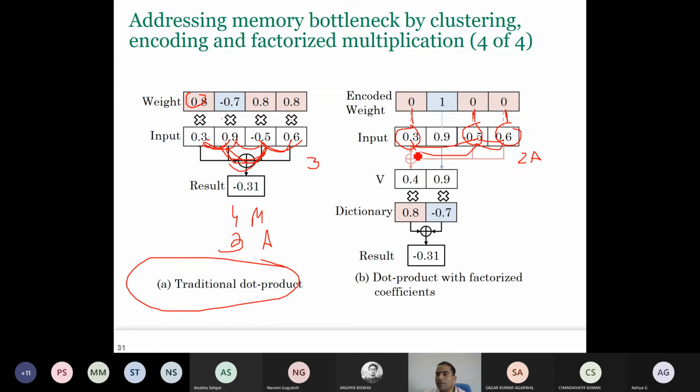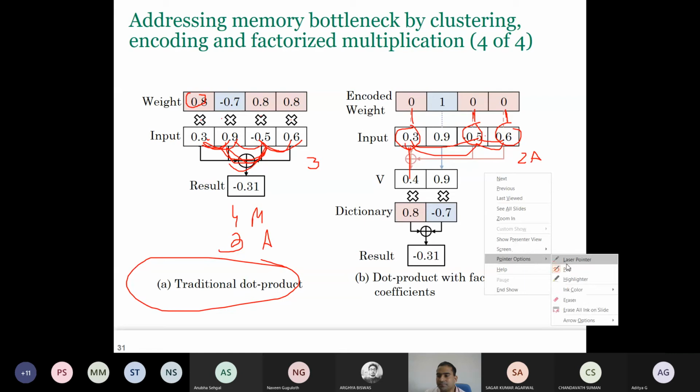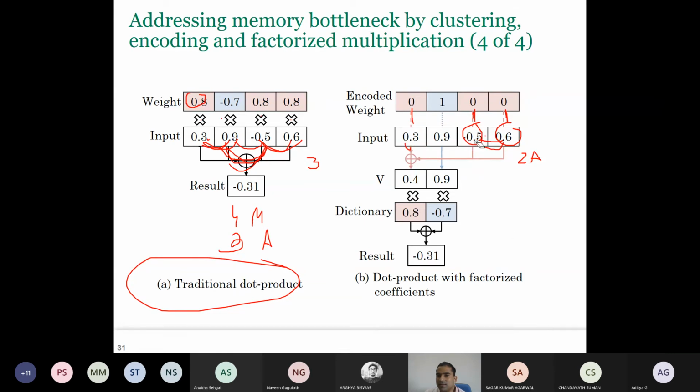Now we multiply. When you add 0.3 with 0.6, it becomes 0.9. 0.9 minus 0.5, so it becomes 0.4. So we have 0.4 and 0.9.